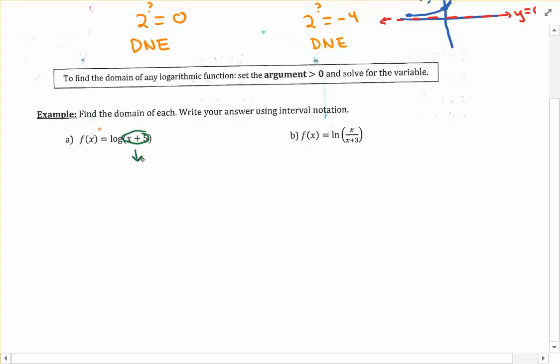So I'm going to take it out of the log function and set it greater than 0. From here you just solve a basic linear inequality: move the 5 over, and we see that the only values of x we're allowed to plug into this log function are those greater than negative 5. We are requesting interval notation, so the interval notation for that would be parentheses negative 5, comma, infinity.